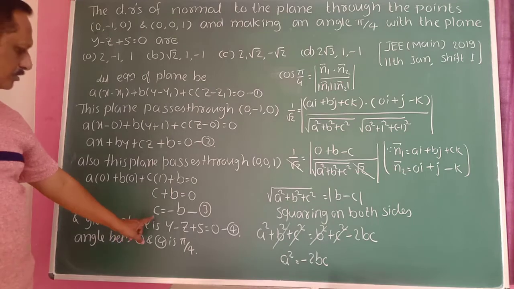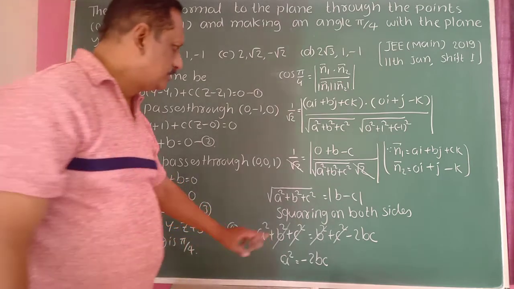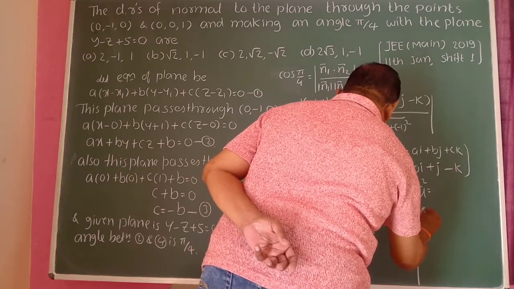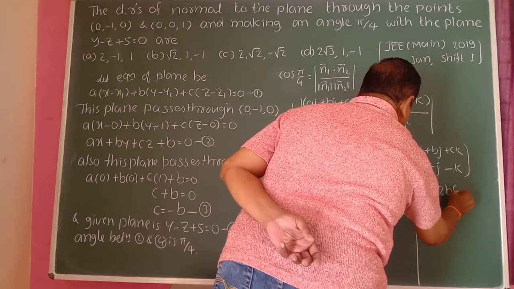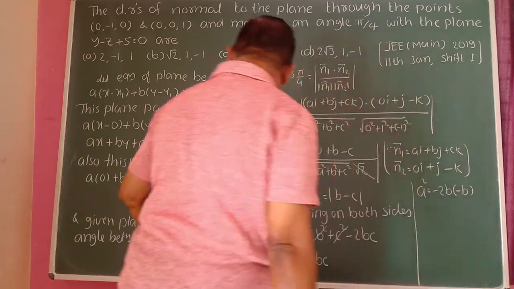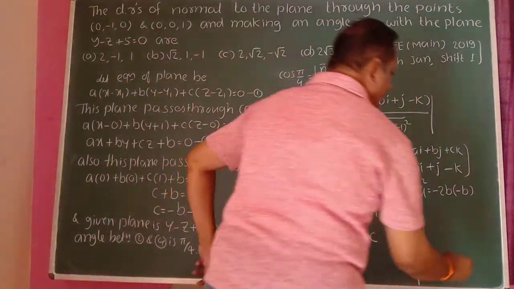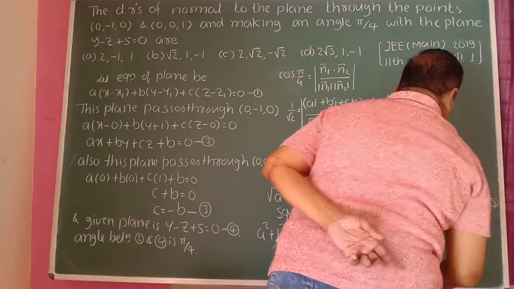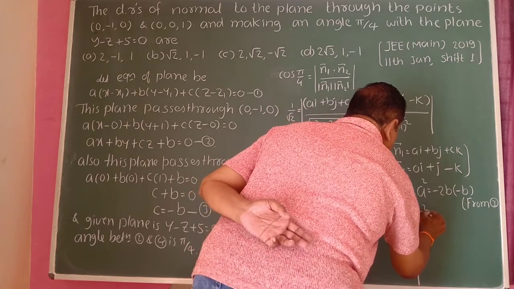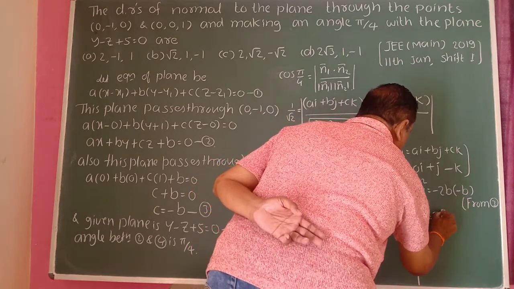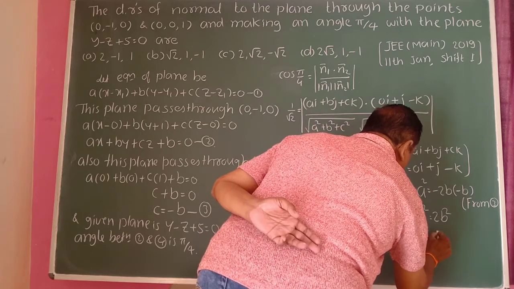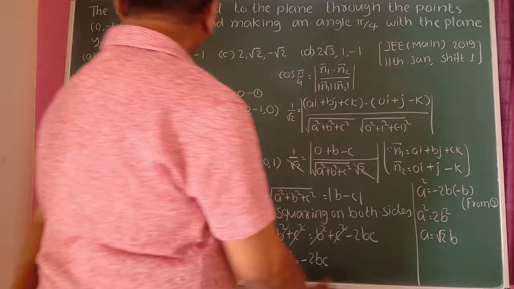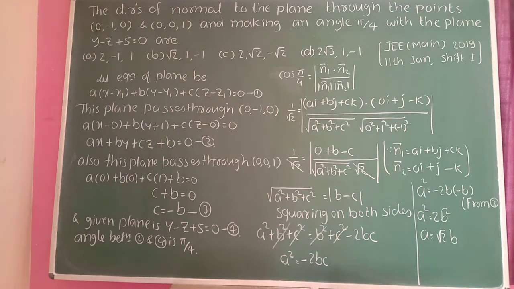But here c is equal to minus b from equation 3. So a square is equal to minus 2b into minus b, minus into minus becomes plus 2b square. Therefore a is equal to root 2 into b.